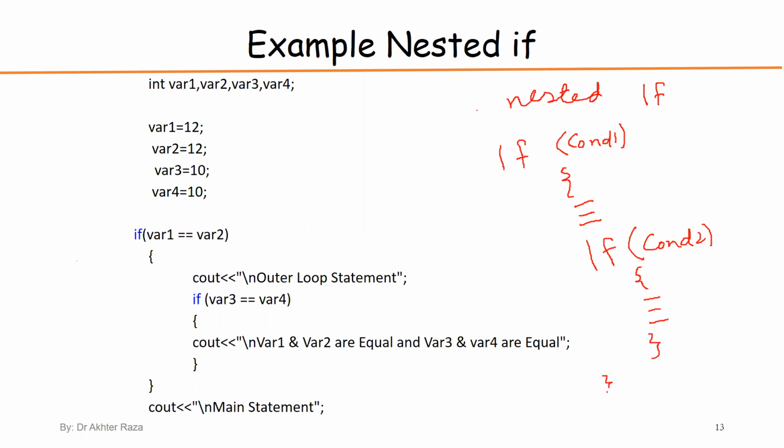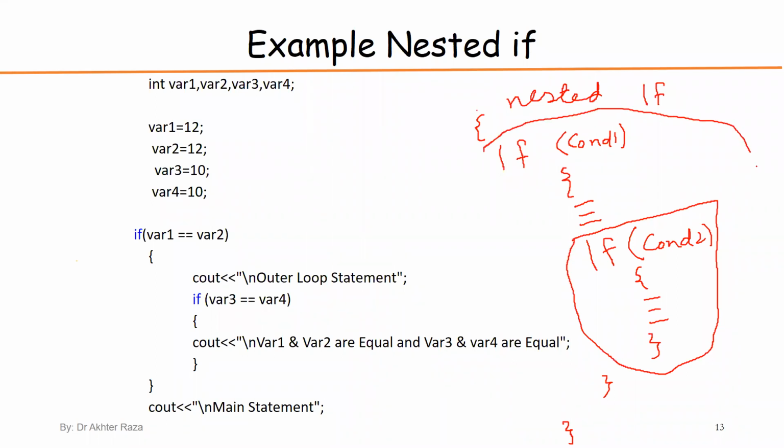I am closing the bracket of the first one, and this is the starting bracket of main, and main is closed here. So this if is completely enclosed within this outer if. This is called nested if. Nested means one thing is completely embedded within another thing.